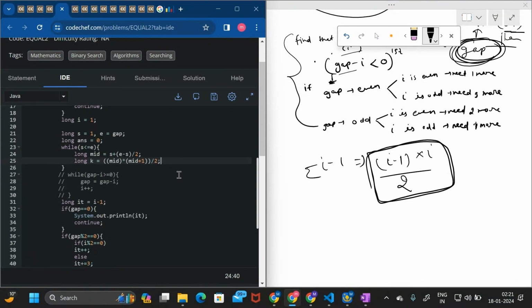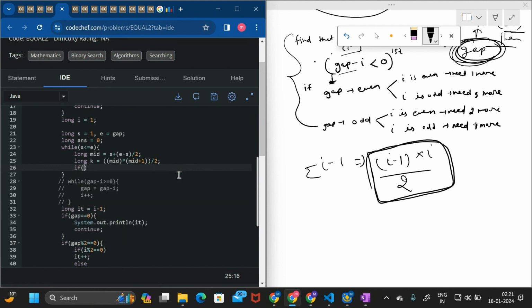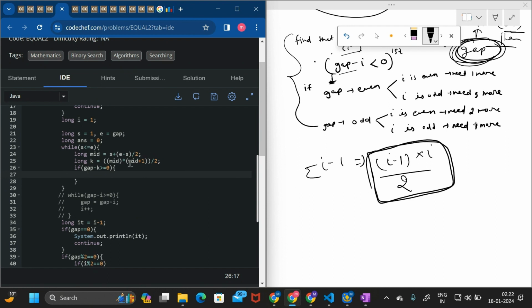So now if our gap minus k is greater than or equal to 0, what it means, our k is less than gap, means we need more iteration to make gap, and we store this k also in our answer.